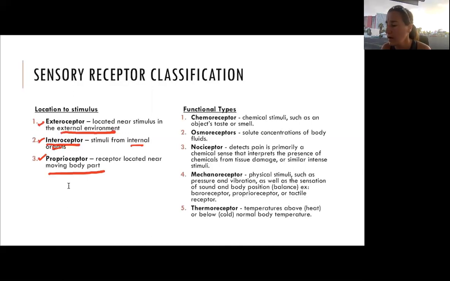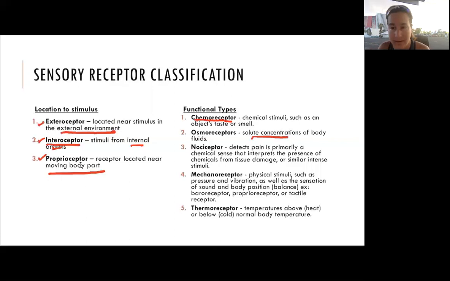And then what about their function, their job? What do they do? What do they sense? So chemoreceptors, just like you would think, are going to detect chemicals. Osmo is going to be solute concentrations. Nociceptors are pain. So I just think of the first part of the word, no, you're gonna get hurt.